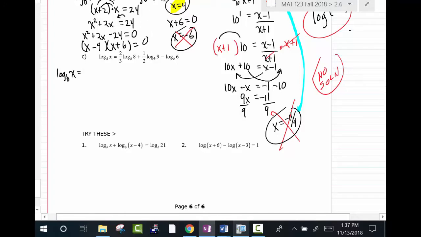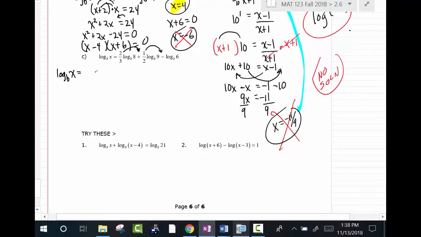Now, what you got to do on this is we have a property. Remember, we had the property where you were bringing the exponent in front of the log. You remember that? You can do the opposite. You can bring something in front of a log and make it into an exponent. So what I'm going to have you do is bring the 2/3 and bring the 1/2 in as an exponent like that.